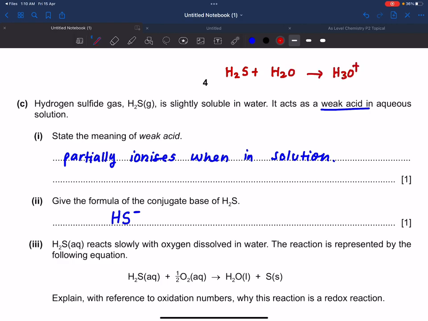Always this forms. Whenever there's an acid, H2S is an acid, it's saying it acts as a weak acid. One hydrogen went from here to there, so one hydrogen would be lacking in HS, so that would be HS negative. This was the acid here, and this is the conjugate base of that acid. So just write conjugate base of that, so it is HS minus by this explanation.